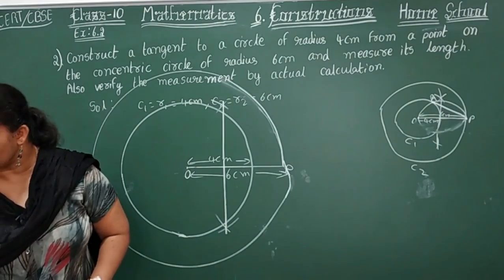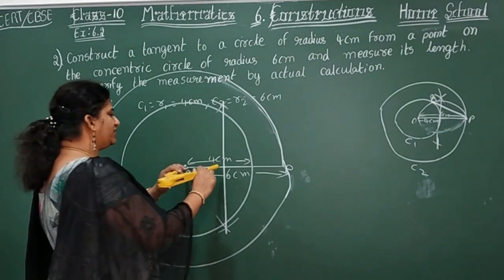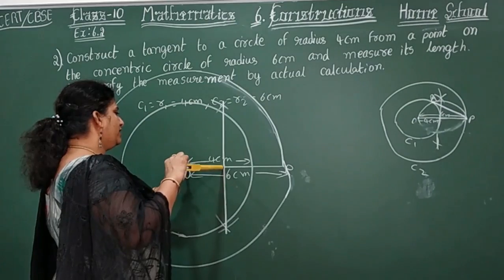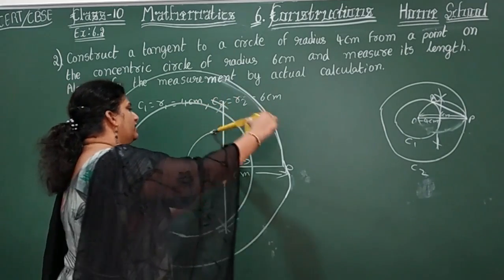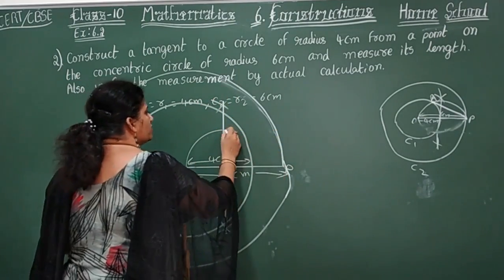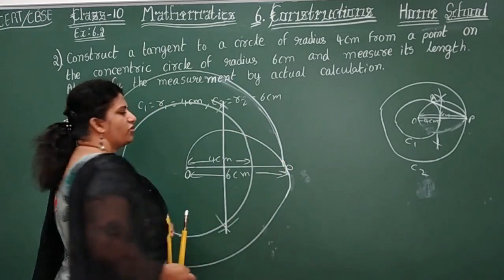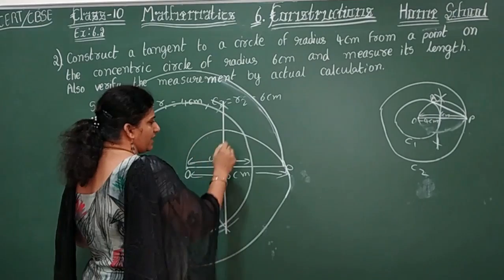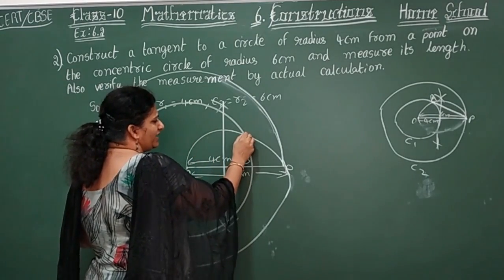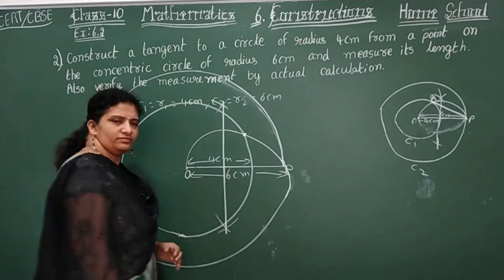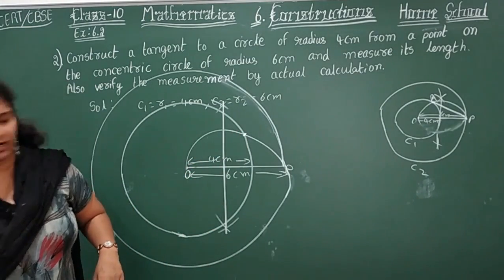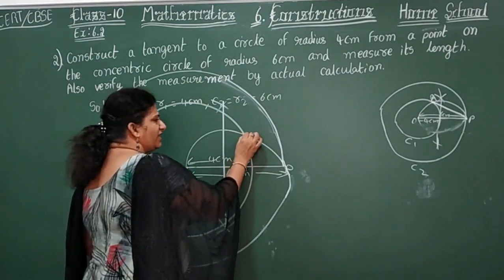With this as a center, measure and draw a semicircle. Like this, children, draw a semicircle where it touches the circle. Look carefully, observe carefully, the semicircle where it is touching the circle.